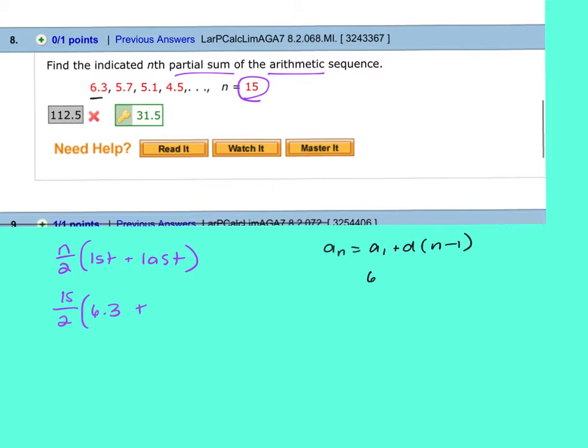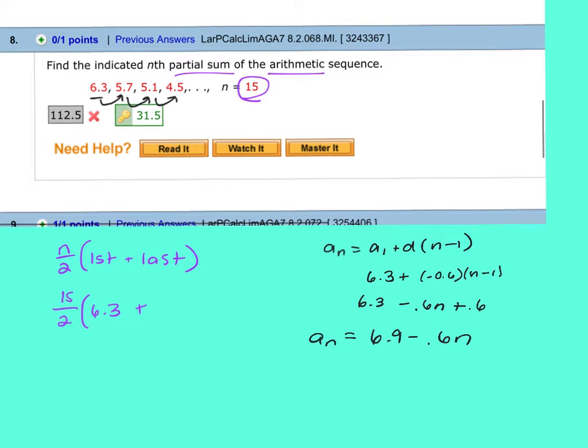a1 is 6.3 again. The common difference: if I go from 6.3 to 5.7, 5.7 to 5.1, 5.1 to 4.5, what's my d? Negative 0.6. So this would be negative 0.6 times n minus 1. I'd get 6.3 minus 0.6n plus 0.6, and I'd get 6.9 minus 0.6n.